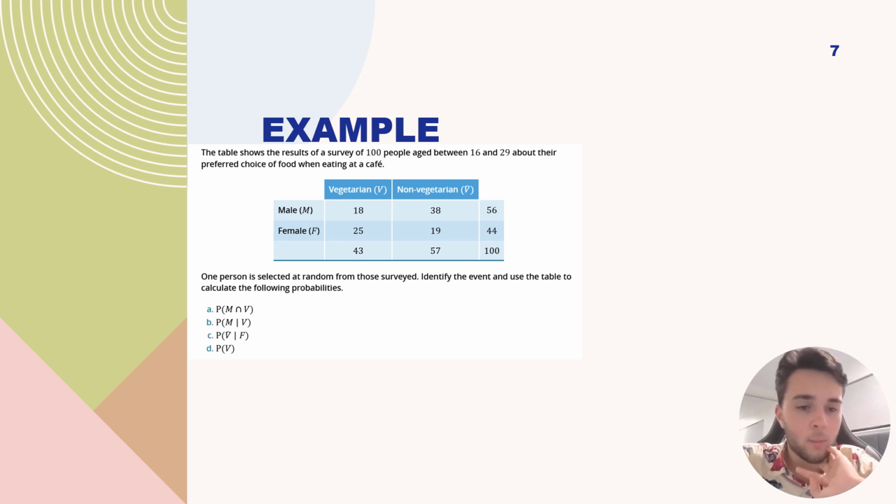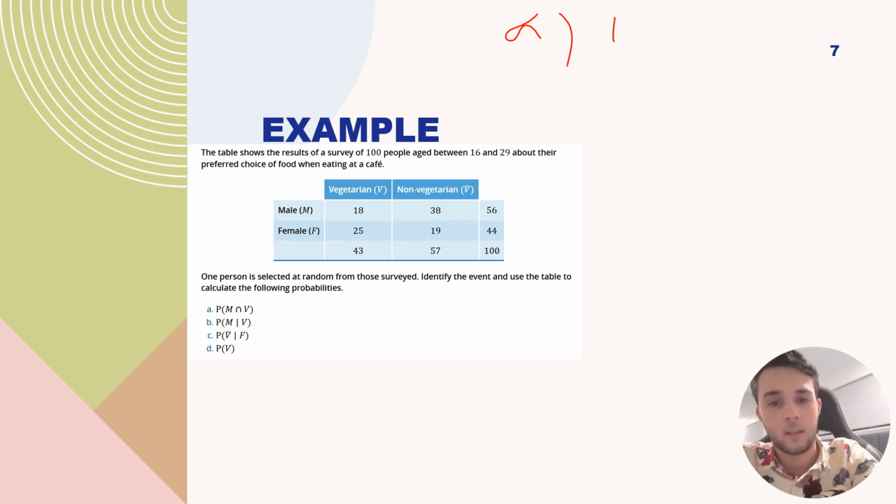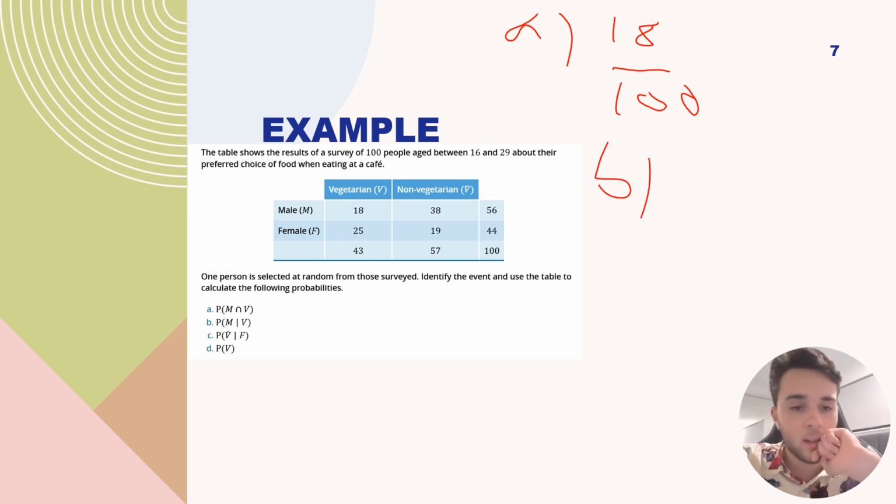In order to determine A, or male intersect vegetarian, you look for male, okay? Males are these two. Now which one has V? This one, 18, okay? So 18 is a good start. And now you divide that by the total number of people. So 100. Boom.